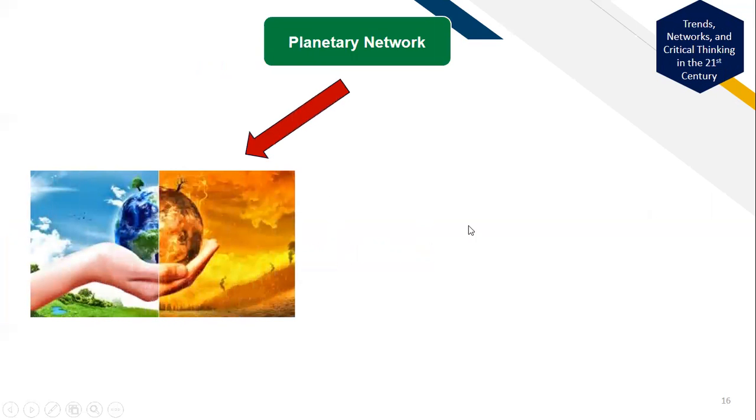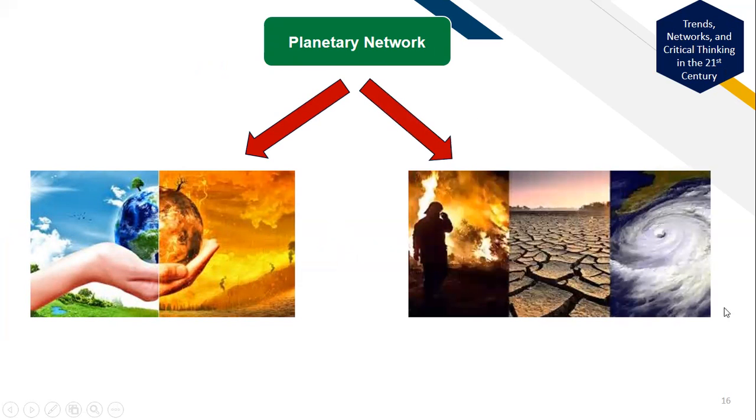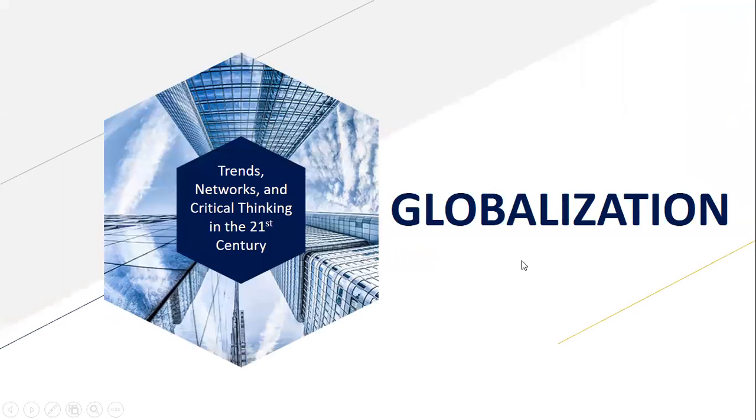So gaya nga sinabi ko kanina, under planetary network, meron tayong tinatawag na climate change. Under planetary network is where we collectively put our effort in addressing the problems brought about by climate change. So next is of course globalization.